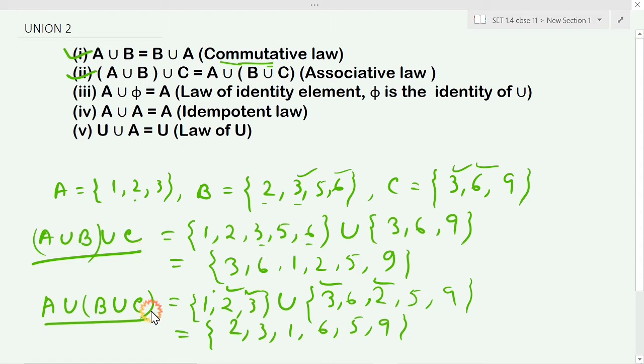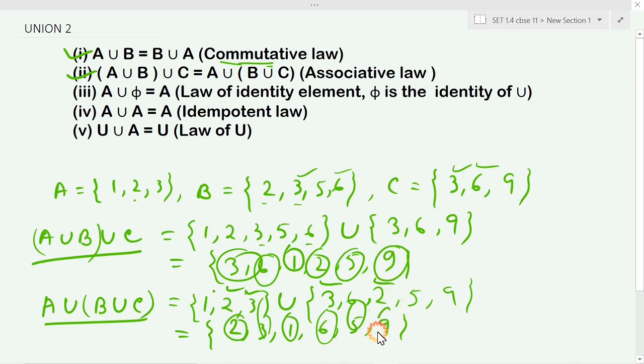You see that both of them contain the same elements: 1, 2, 3, 5, 6 and 9. So both of them contain the same elements.